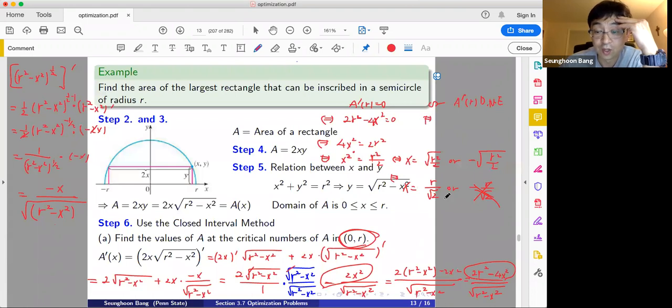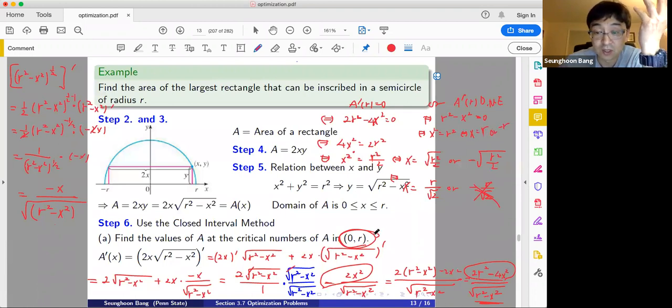Second part, only the bottom one equal to 0. The bottom one is r squared minus x squared equal to 0. So we have x squared equals r squared. Then take the square root, the square is gone, x is positive r or negative r.